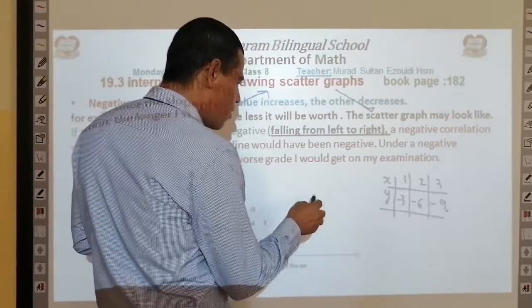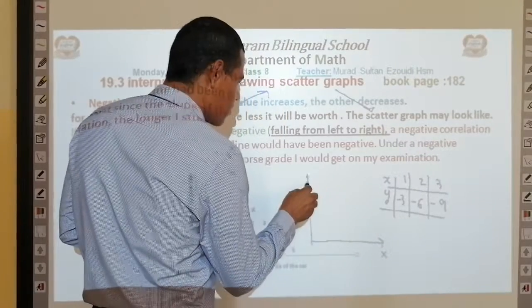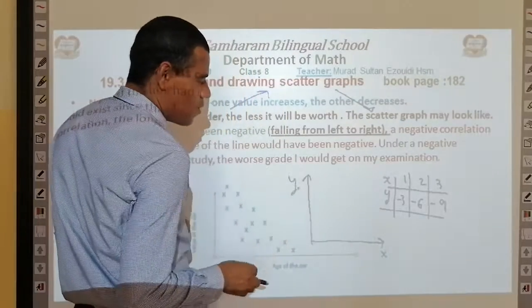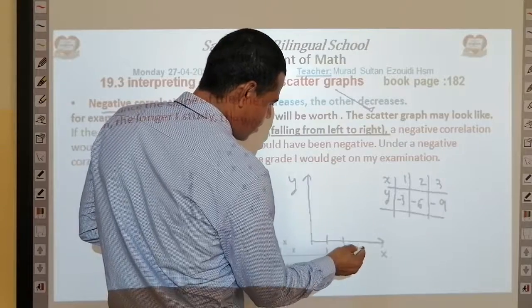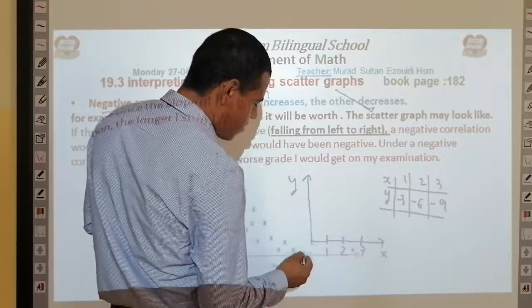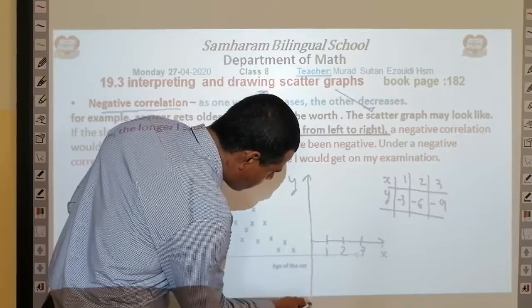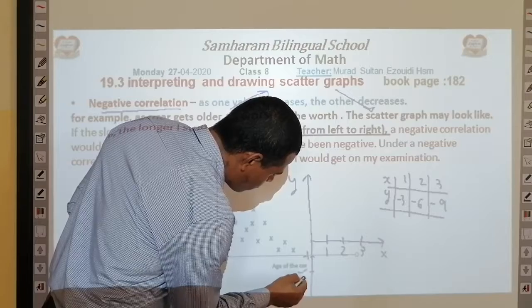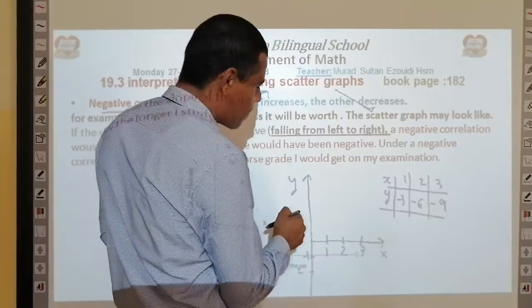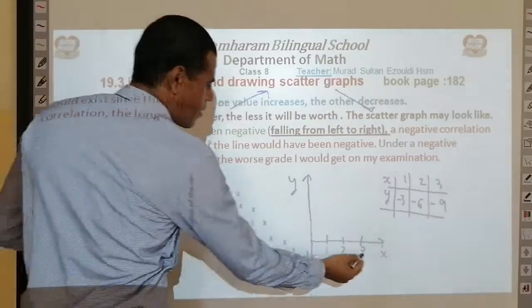So, if we draw like that, this is x, and this is y. When x equals 1, this is 1, this is 2, this is 3, and this one is negative 1, negative 2. Okay. I will just do this just a moment.